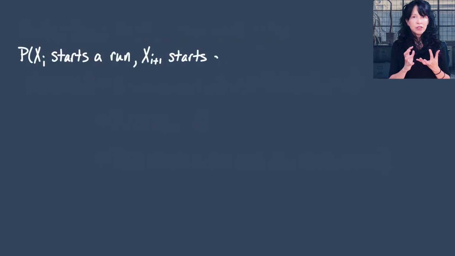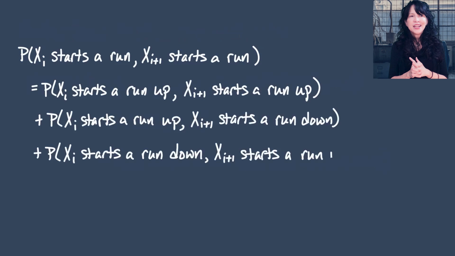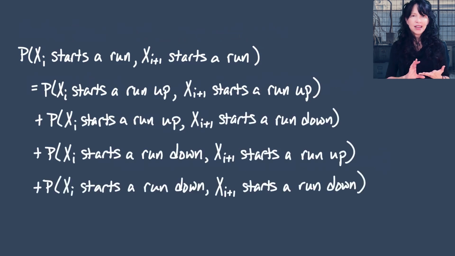This can be broken up into 4 cases, although don't get ahead of me. I'm going to write this as the probability that X sub I starts a run up and X sub I plus 1 starts a run up. Don't get ahead of me. And then the probability that X sub I starts a run up and X sub I plus 1 starts a run down, etc. 4 cases: up-up, up-down, down-up, and down-down.